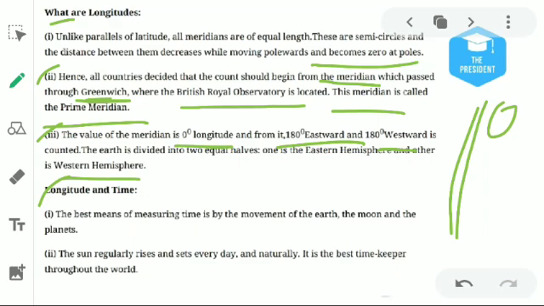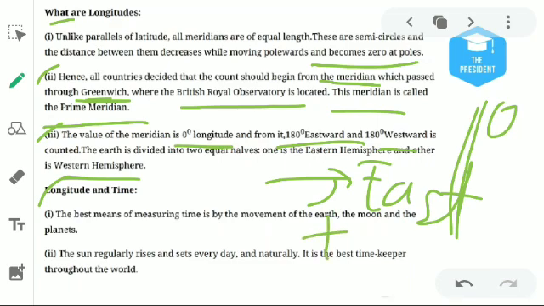Longitudes are basically used to determine the time zones of any country. The countries or areas on the east side of the prime meridian have extra time, meaning the time in those locations is always ahead of the area on the prime meridian.